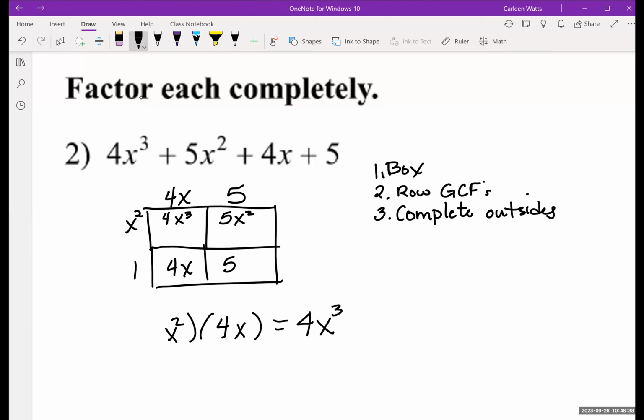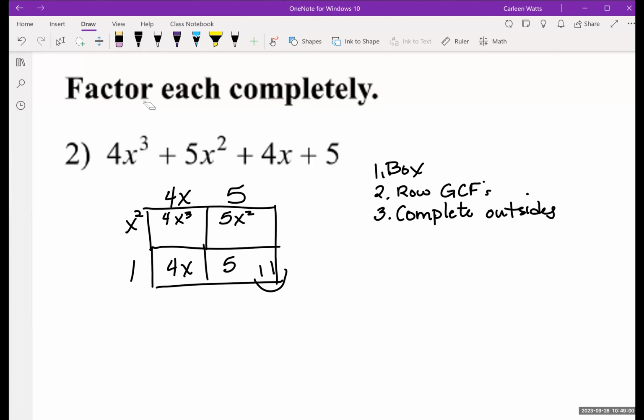And now let's check it. This one times this one should give me, do we see how it's bottom left times top right? You see how this is working? 1 times 5 equals 5. Yay. See how that checks it? We get a happy face.